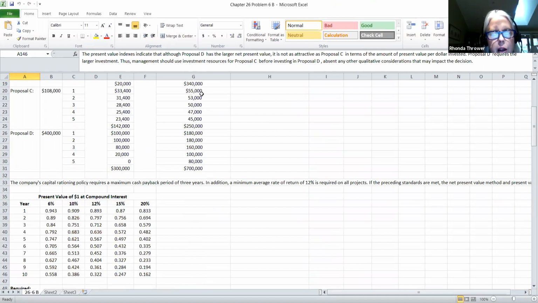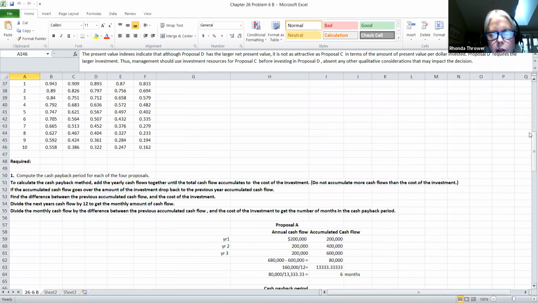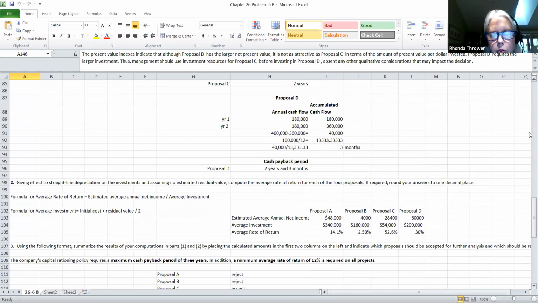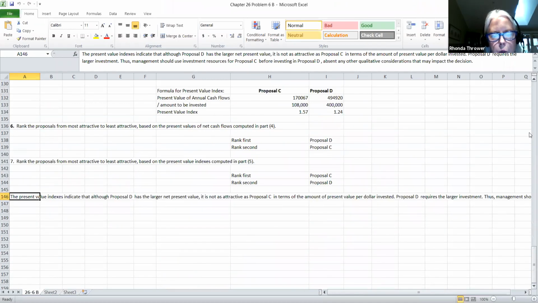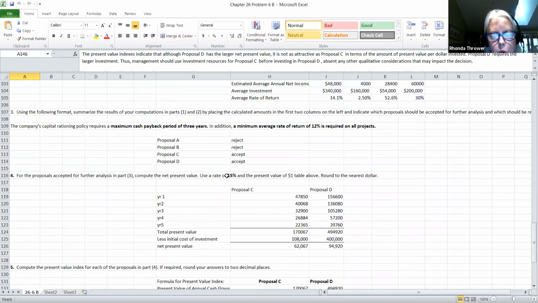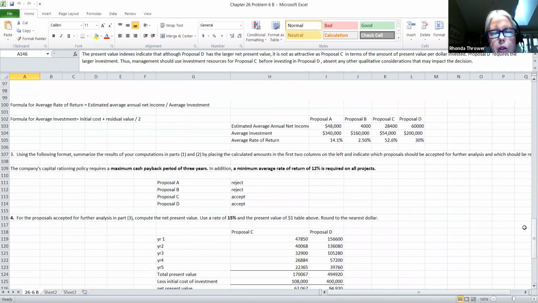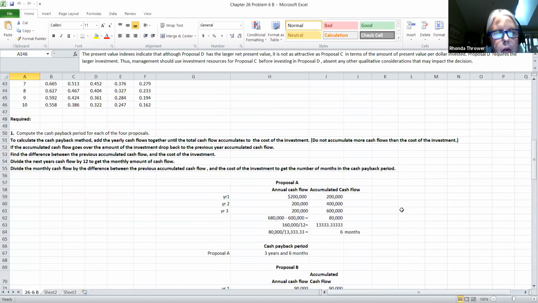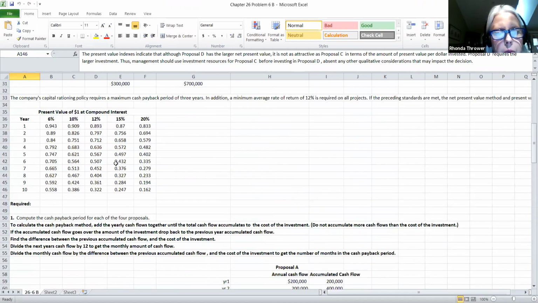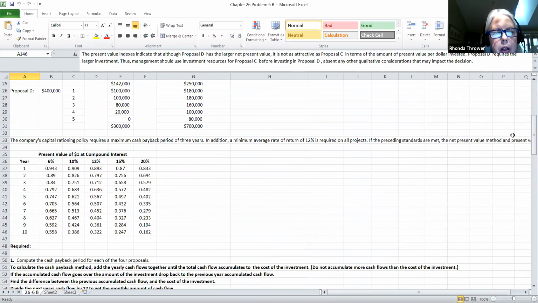That $55,000 is going to be multiplied by the table value factor amount at 15%, because that's what they were expecting as a return on their investment. So I'm going to flip back down here and show you where they said that they were using a rate of 15%. So on this table, we're going to be only using the table value amounts in the 15% column.